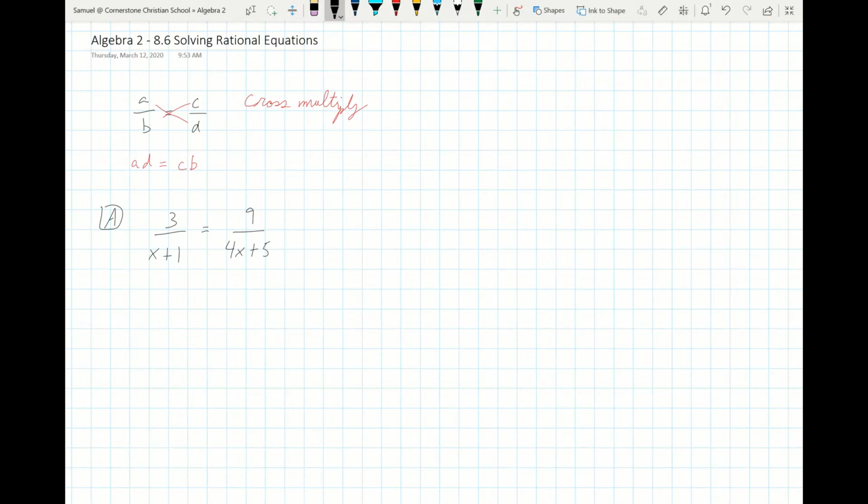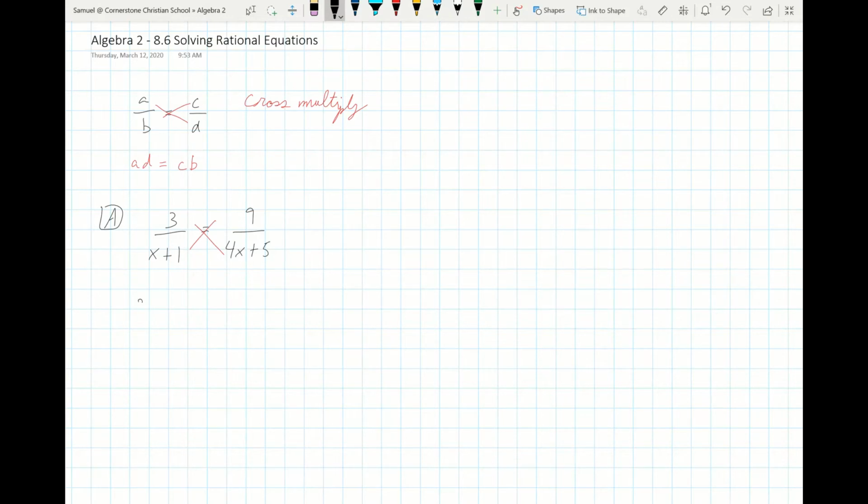Again, what this does is it gets rid of our fractions. That's going to be your first step on any of these problems. Get rid of your fractions in some way. It might be your second step because there will be one step before that, but that should be a majority of them. So here I am going to again cross multiply.